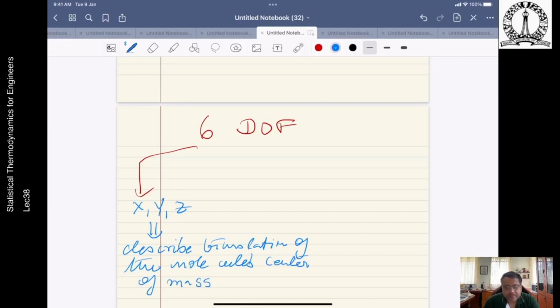Two degrees of freedom are needed to describe its rotation.